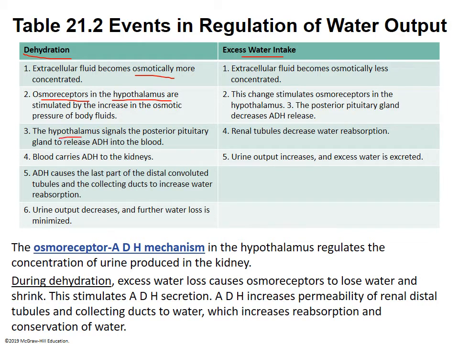The hypothalamus is going to send a signal to the posterior pituitary gland that's going to release ADH, and we talked about this in the kidneys. ADH, antidiuretic hormone, to the blood. The ADH goes to the kidneys, particularly the distal convoluted tubule, and it is going to increase water reabsorption.